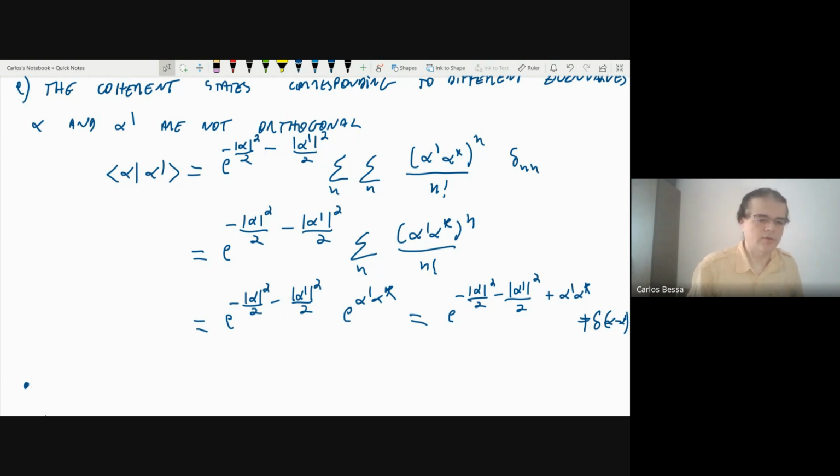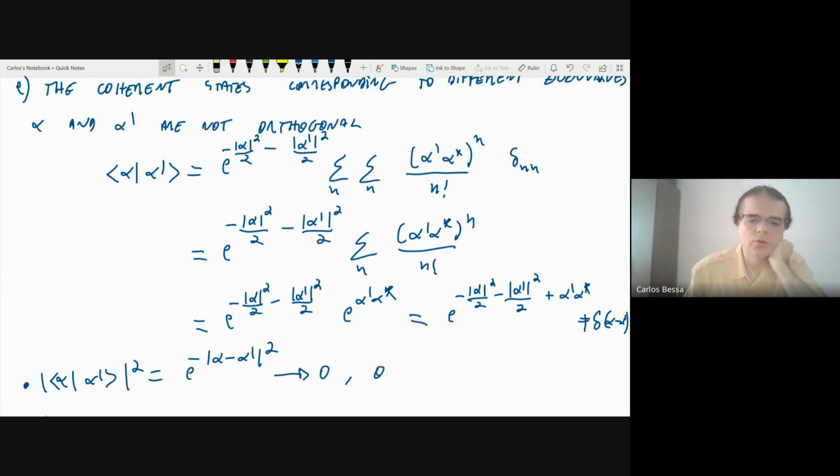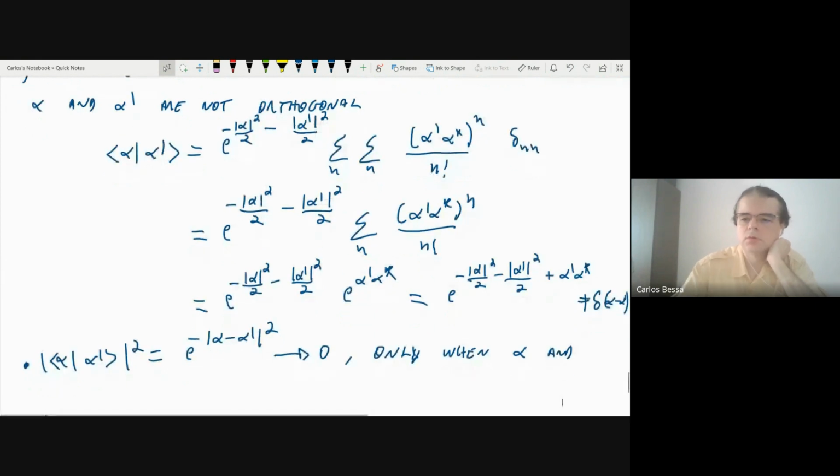But if you take the modulus square of this, we can show that this is just a Gaussian that goes to 0 only when alpha and alpha prime differ significantly, at a very big distance.